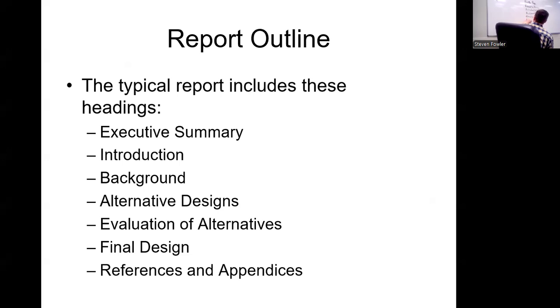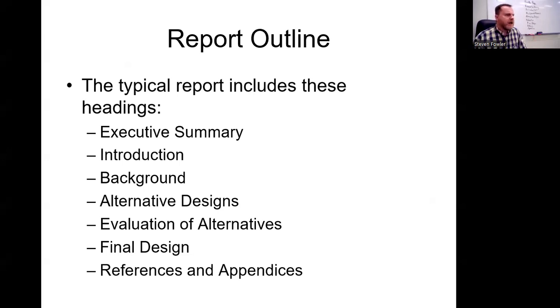Evaluation of them. What does your final design look like? References. And appendices. All right, so again, we're going to go through and talk about these. But now here's the thing. You don't have to follow my outline.